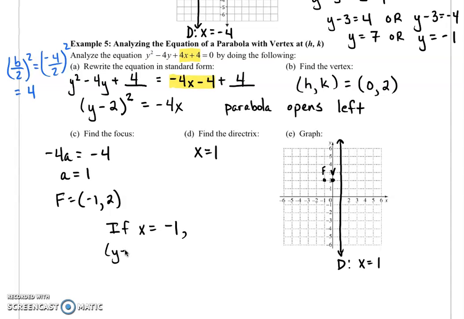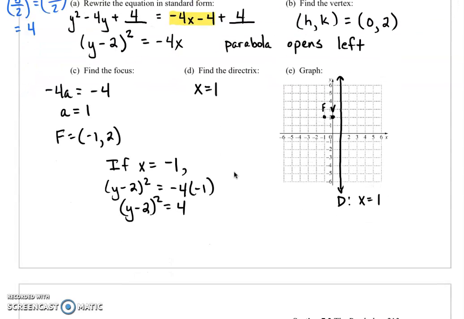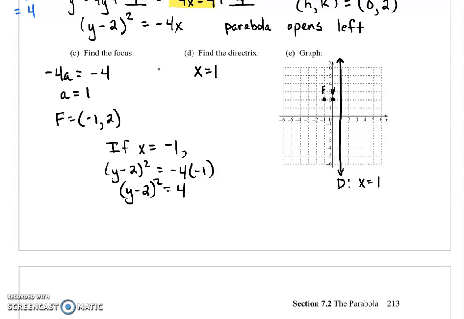So we would have y minus 2 squared is negative 4 times negative 1. So y minus 2 squared is 4. Square root both sides, and we end up with y minus 2 equals positive or negative 2.